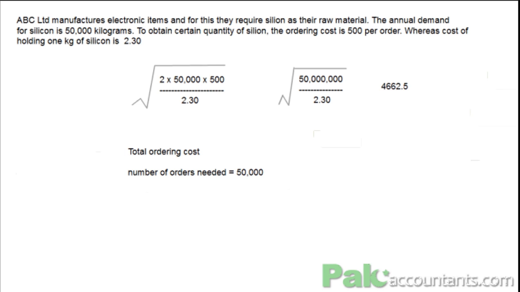You need 50,000 kgs, and every time if you are placing an order of 4,662.5, you will be placing how many orders during the year? 10.72 orders.